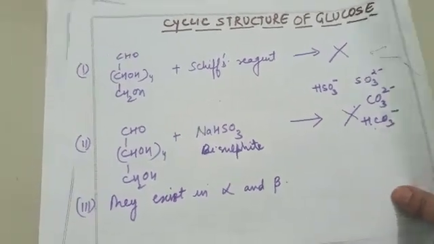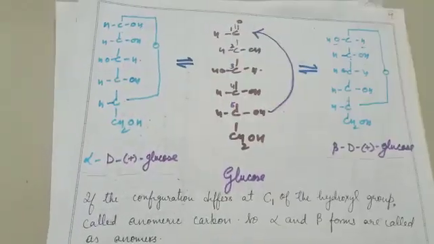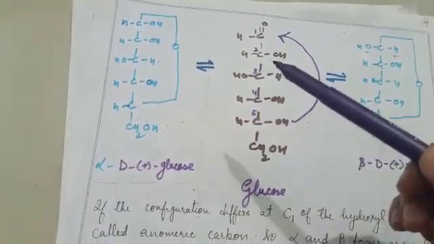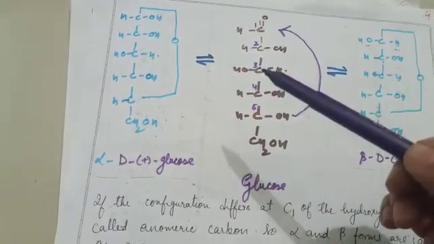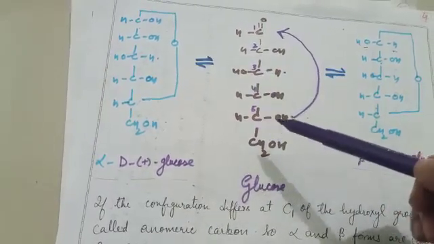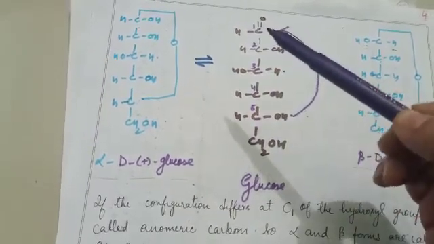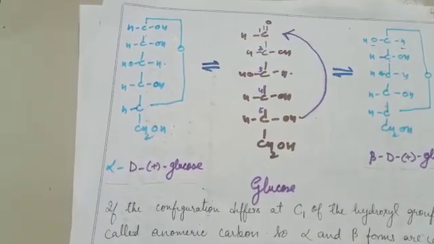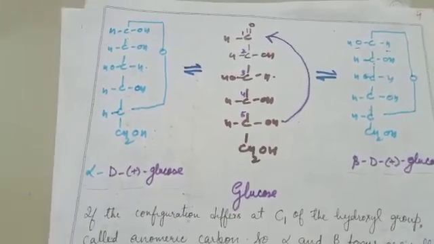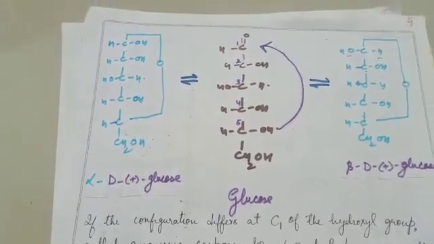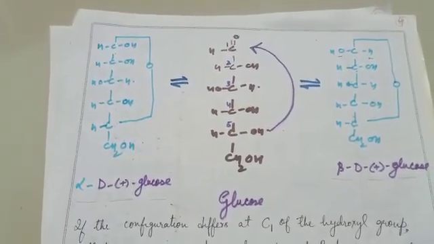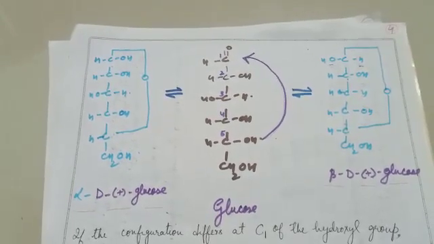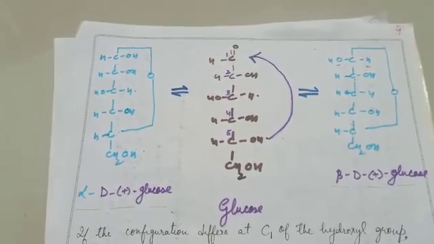Now, how do we get this alpha and beta form of glucose? Check out here, this is your glucose structure. And if you see, the carbon 5 OH migrates to the carbon 1. Once again, carbon 5 OH migrates to the carbon 1. Then it gives you cyclic hemiacetal. Once again, cyclic hemiacetal structure.